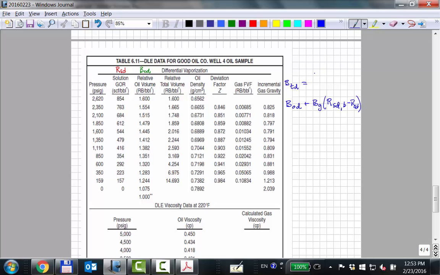And what that represents is the oil volume plus the total gas volume over this residual volume.